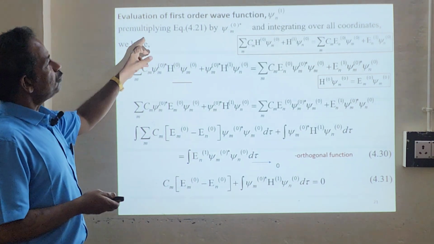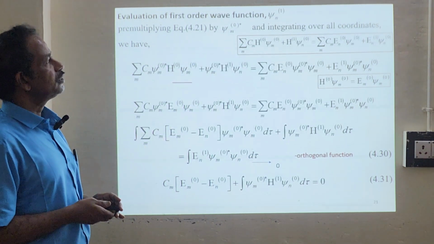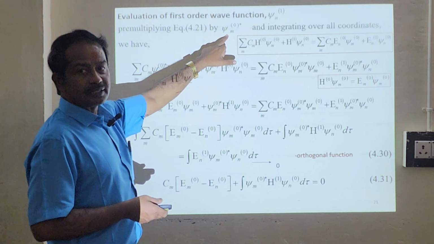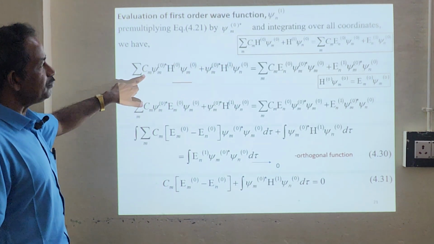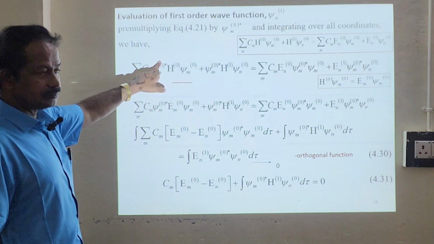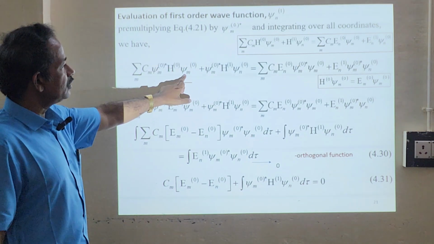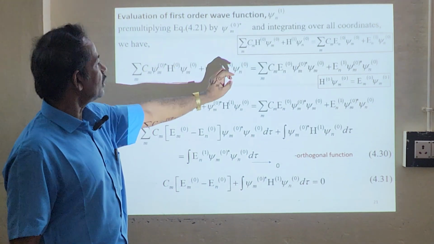That's all. So now just take equation 4.21. Just pre-multiply with psi m0 star. So we have Cm. Pre-multiply. So psi m0 star H0 psi m0 plus lambda, sorry, H1 is there.